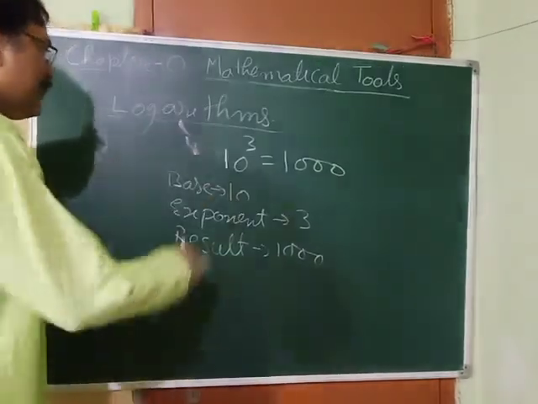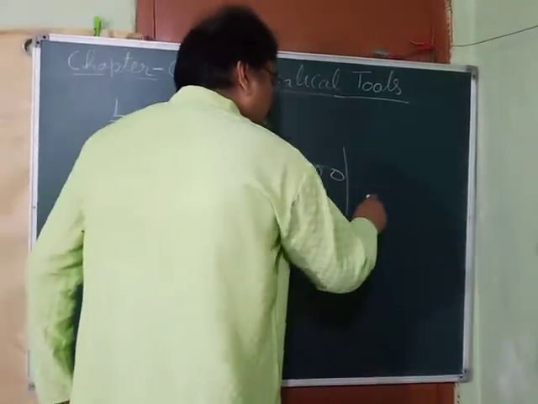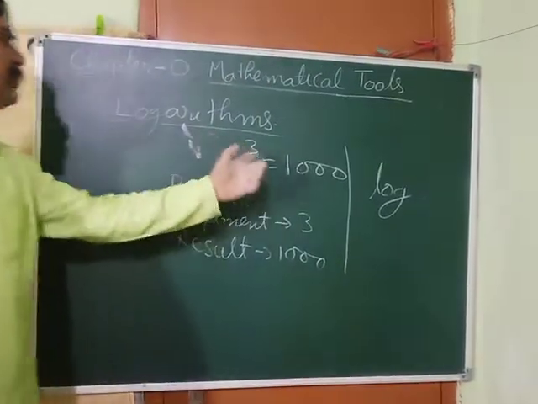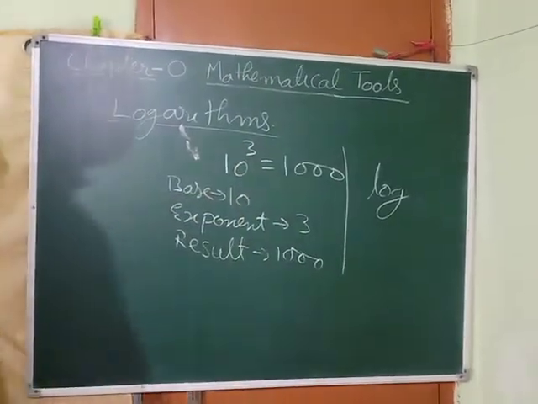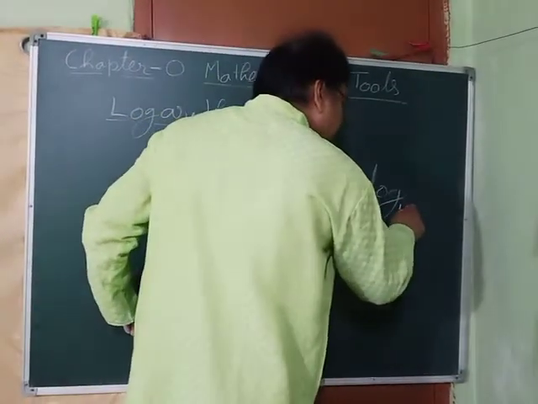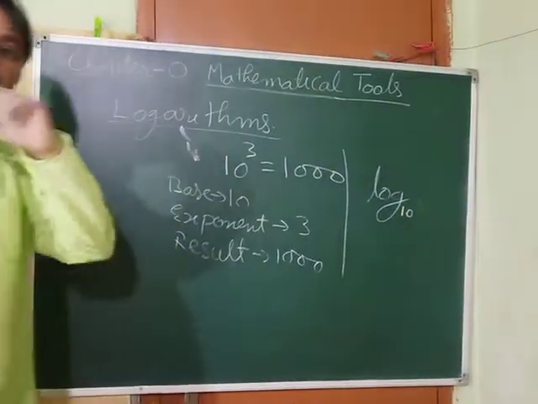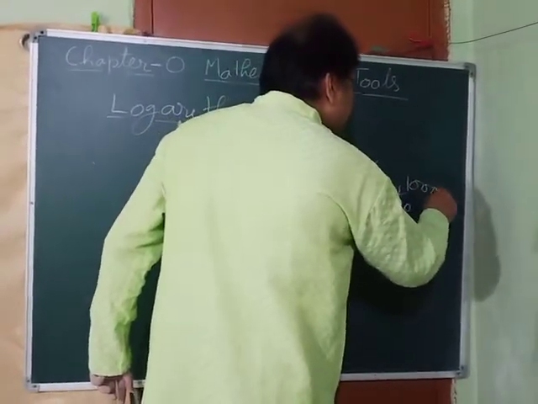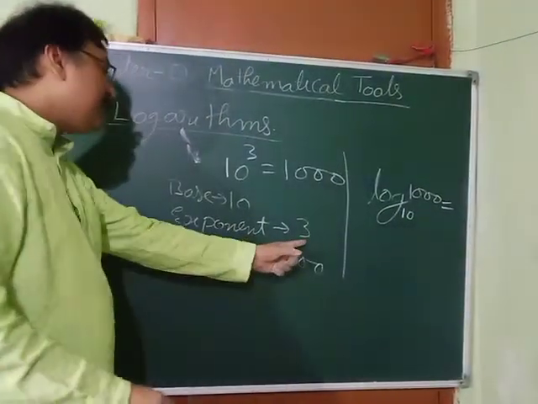Now see, base will remain base. You can write it like this: log. We write logarithm in short as log. And whatever is base, that will remain base. Base we write here, and result we write here. And this exponent is our result.